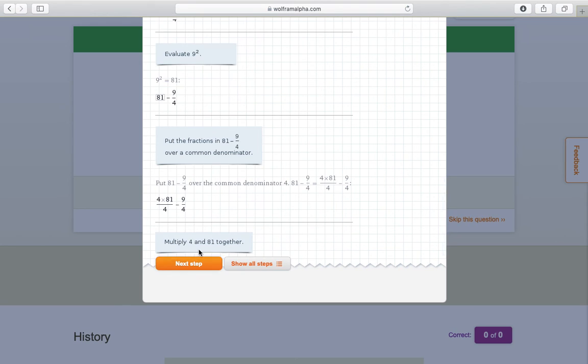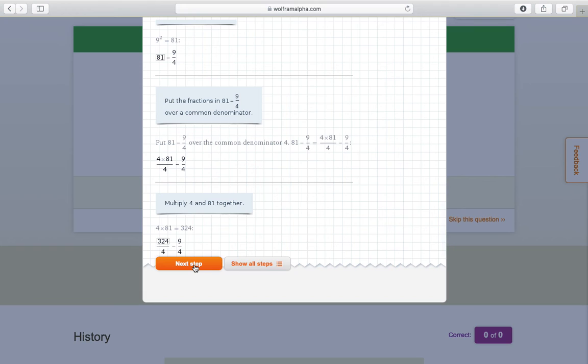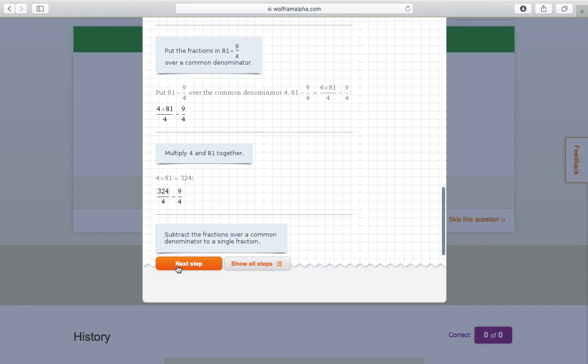I can't do 4 times 81 in my head. Well, I might be able to, but I'd be kind of scared. I'd want to do it on scratch paper or a calculator. Multiply 4 and 81 together, so you get 324/4 minus 9/4. Subtract the fractions over the common denominator, so you take 324 minus 9, and that'll be over 4.